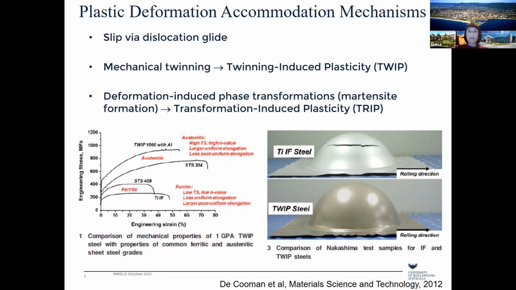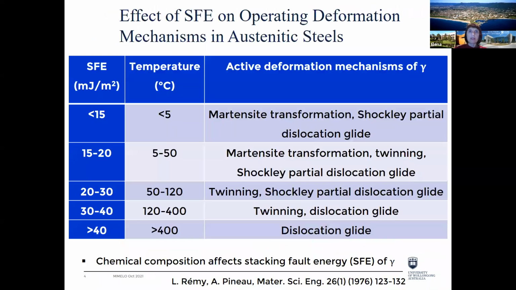So TRIP and TWIP effects in steels were studied much earlier than in titanium alloys. In steels, we usually have a dependence on stacking fault energy for which mechanism will be operational.